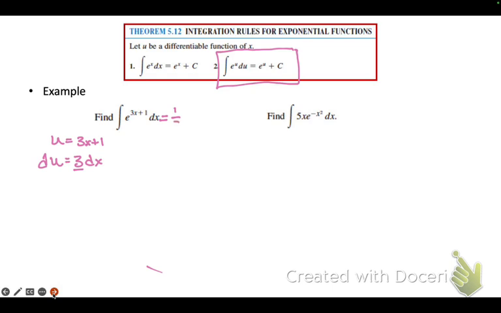So I have 1/3 the integral of e to the u du. So I just have 1/3 e to the 3x plus 1 plus c.